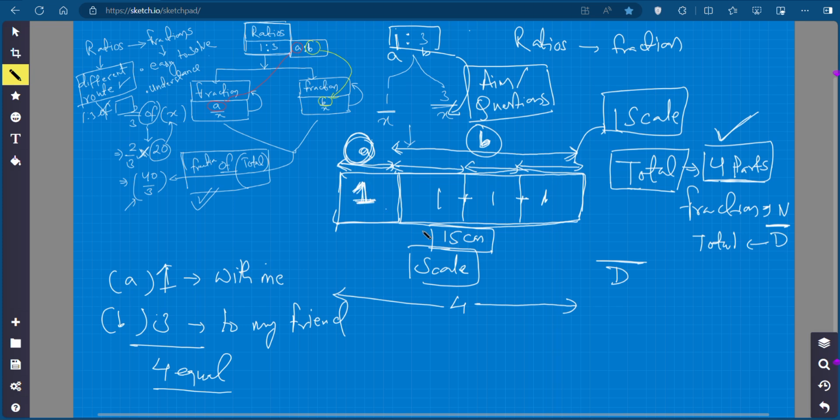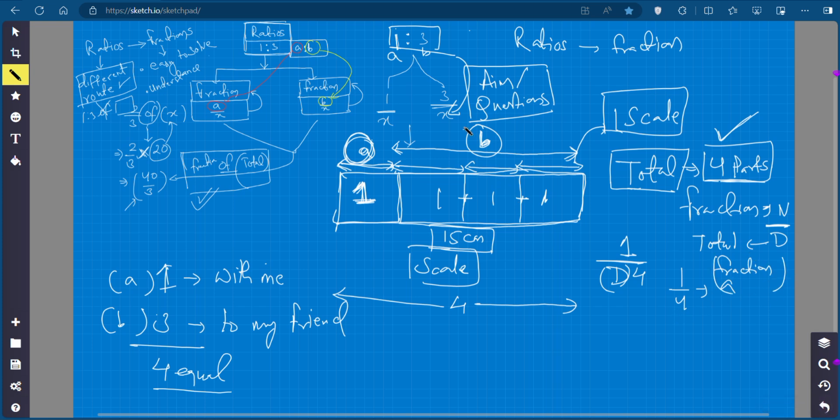What is the part of A? Part of A is 1. Then what is 1 out of? I mean, what's the total? Which is your whole? My whole is this total. Then write it below. This is the fraction of A. I got the fraction of A.